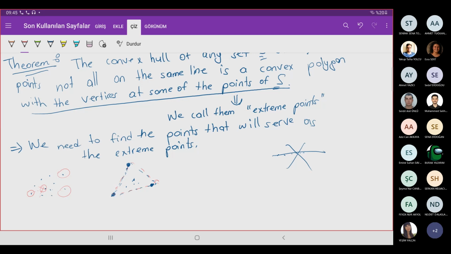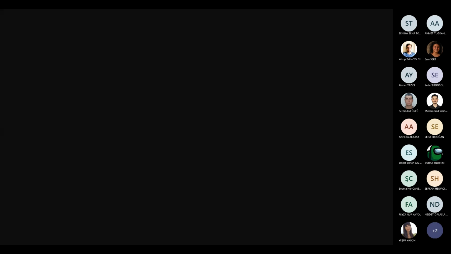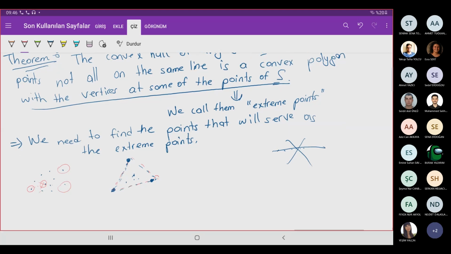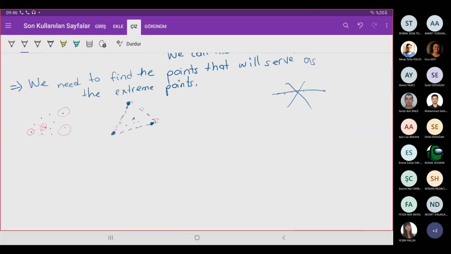Not only the points, but an ordering of the points such that when lines are drawn between them, in clockwise or counterclockwise order, it doesn't matter because it's a polygon, then I can find the shape, okay?